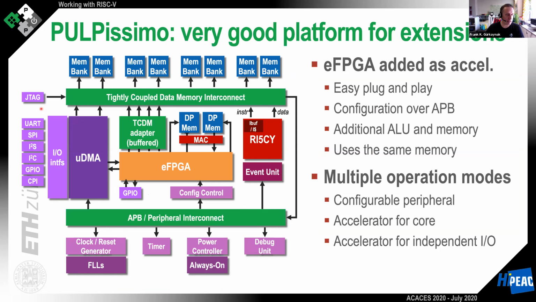The micro DMA that Luca was also talking about, which allows copying data in and out from peripherals to the memory directly, is also integrated in there. And in addition, we have the eFPGA here as an accelerator. It needs an adapter because the operating speed of the eFPGA in this case was around 120 megahertz, whereas the RISC-V part works at 400.